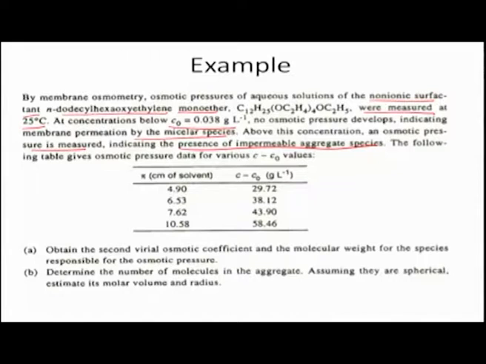Whereas below this, membrane permeation by the micellar species, which essentially means it had some kind of micelles like this, and they were allowed to permeate, and because they were permeating, there was no specific pressure difference across it.